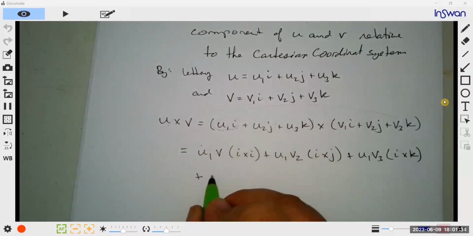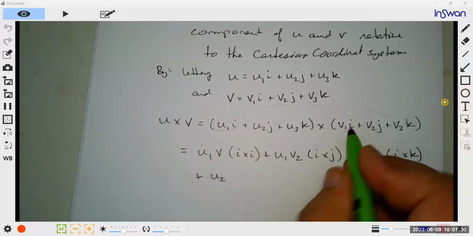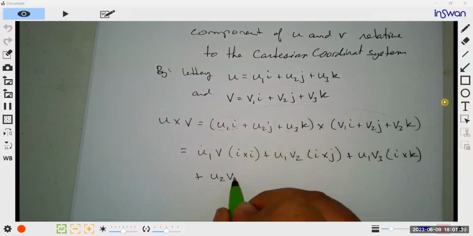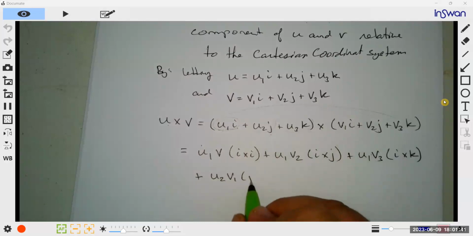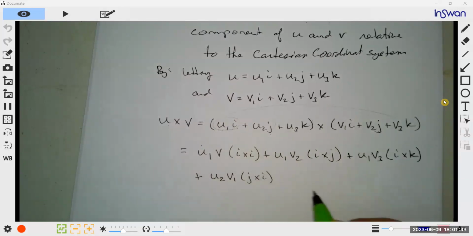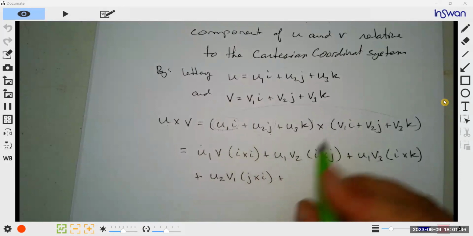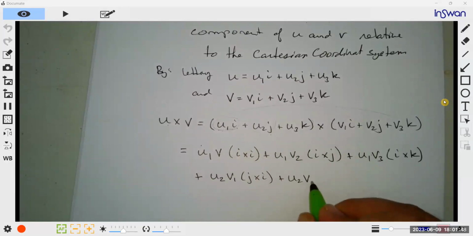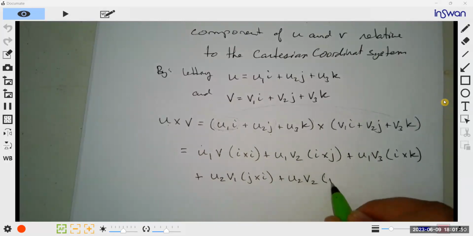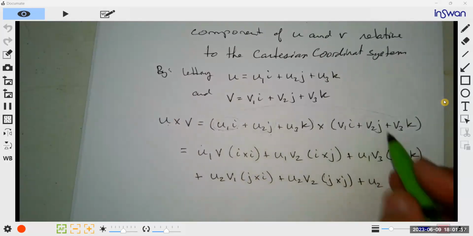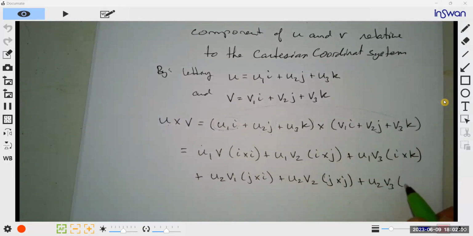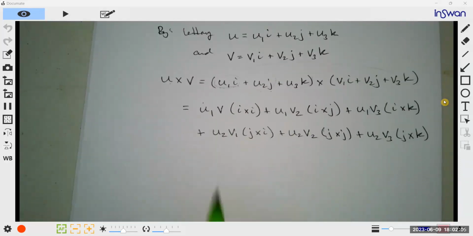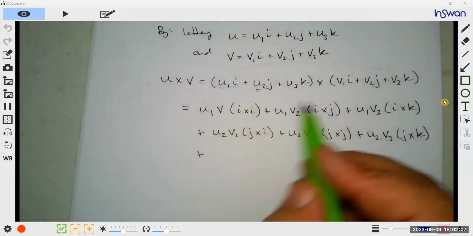Plus now the second one. U2 times V1, that's J cross I. U2 times V2, J cross J. U2 times V3, J cross K. That's the second one gone.